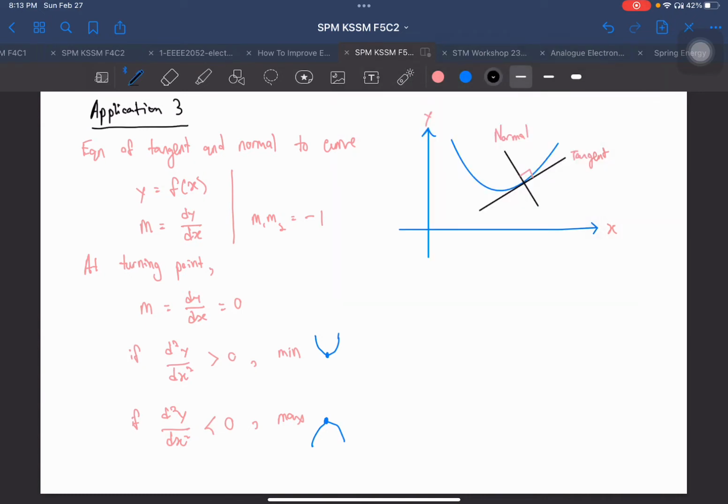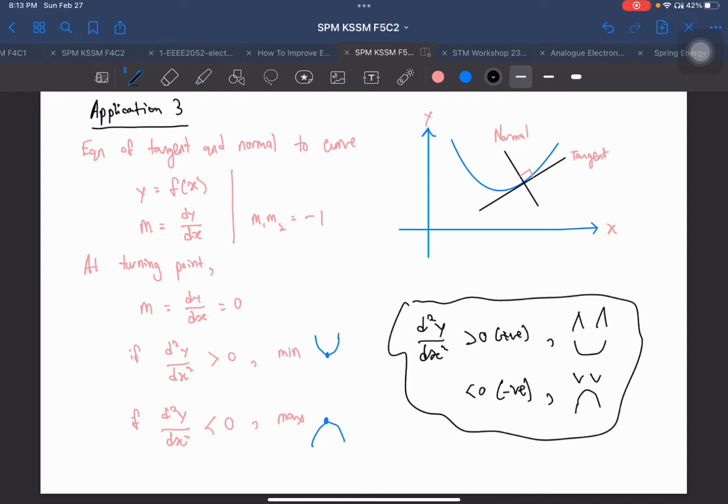If d2y/dx squared is more than 0, positive, it's always a smiling face. If it's negative, less than 0, it's always a sad face. You need to remember this.